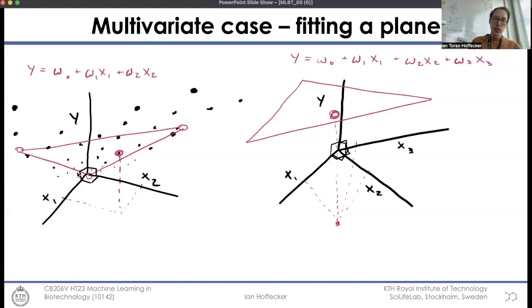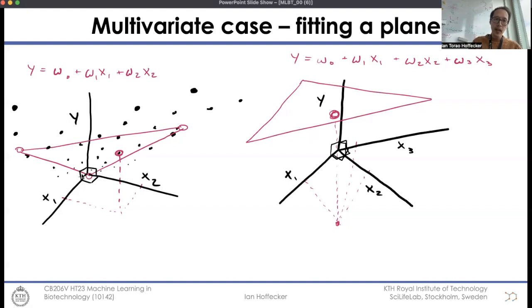Geometrically, visually speaking, this is the equivalent of fitting a plane to a scatter of data. I tried to draw these dots with some perspective here, so these bigger dots are closer to you in space, and these smaller dots are farther away from our viewpoint.